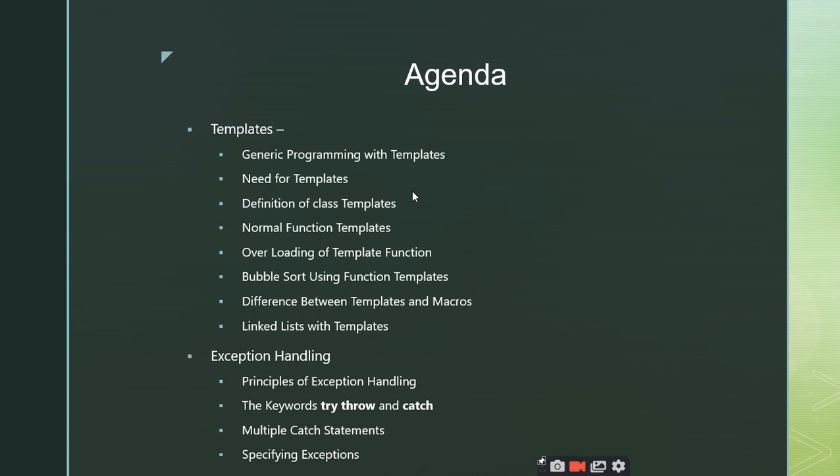In the templates concept, we are going to discuss what this generic programming is and how this generic programming helps us in developing the templates, and what is the need for the template, what are the uses, and we have basically two types of templates. One is the function template and another one is class template.